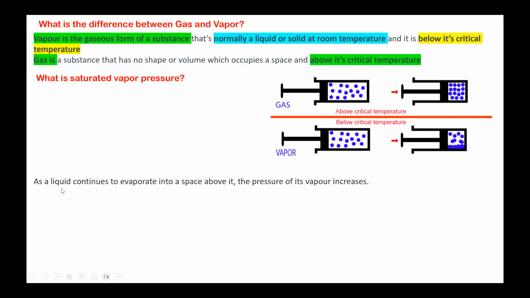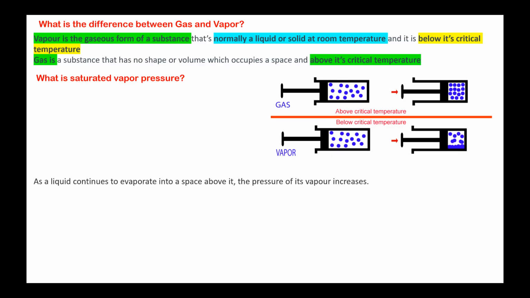As a liquid continues to evaporate into a space above it, the pressure it forms is called the vapor pressure. Okay, the pressure exerted by the evaporated portion of a liquid above its surface is called the vapor pressure. As the evaporation increases, the vapor pressure will go on increasing. But after a particular level, it becomes so fully saturated that it cannot evaporate anymore.